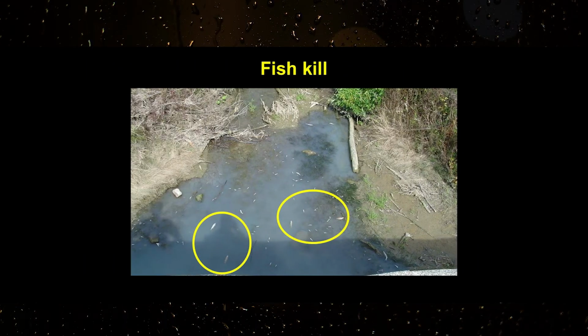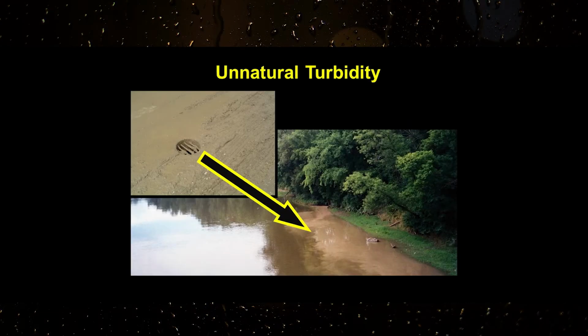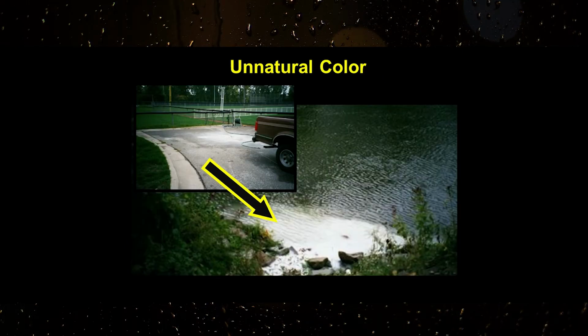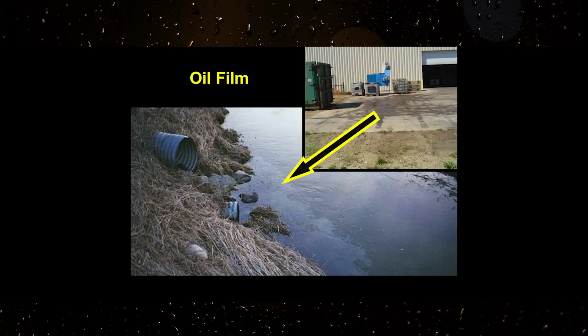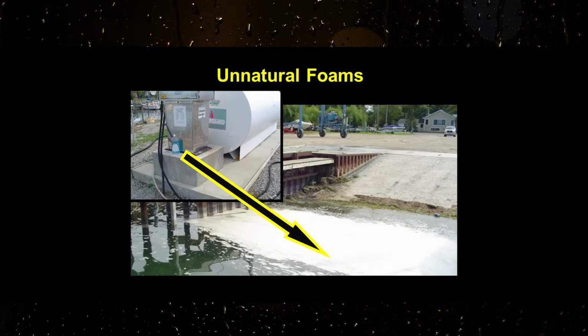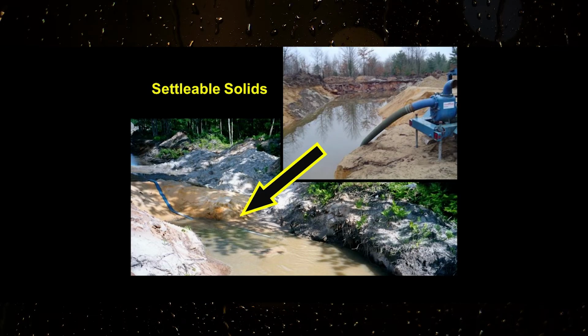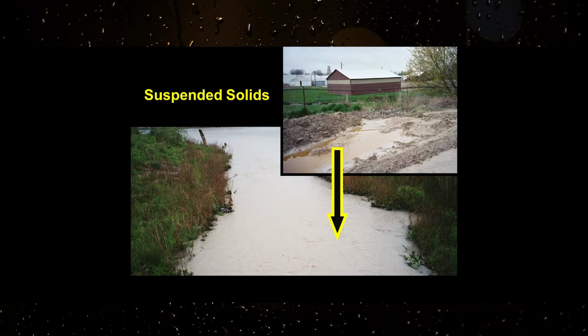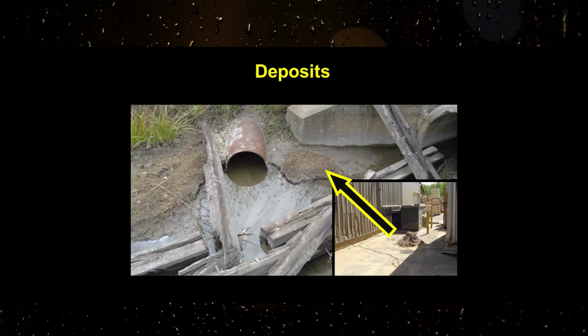The receiving waters shall not have any of the following unnatural physical properties in quantities which are or may become injurious to any designated use: unnatural turbidity, color, oil film, floating solids, foams, settlable solids, suspended solids, or deposits as a result of this discharge.